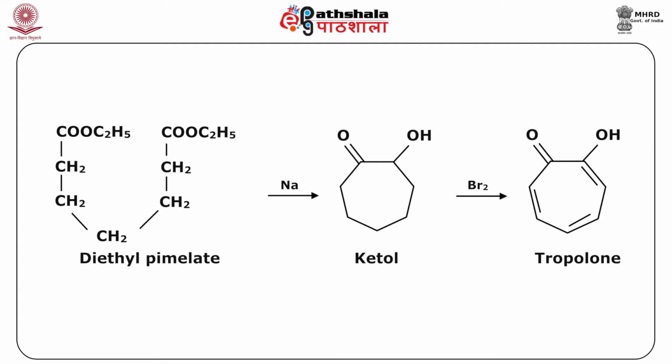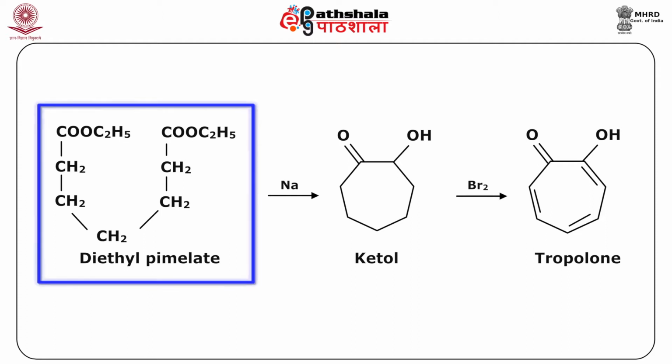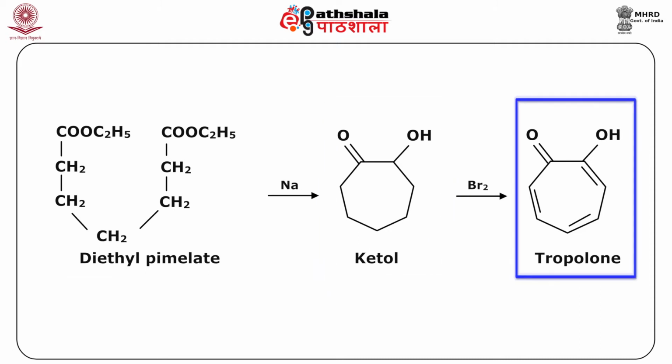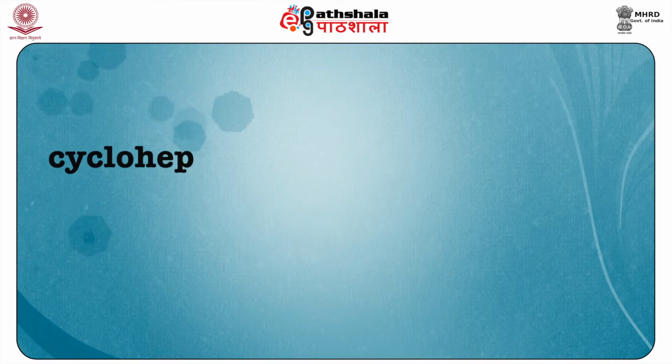The bromo derivative leads smoothly to tropolone, after the bromination of diketone, which therefore cannot be an intermediate. This is shown. Diethyl pimelate is first converted to the ketol, and this ketol is brominated to give you a tropolone derivative.